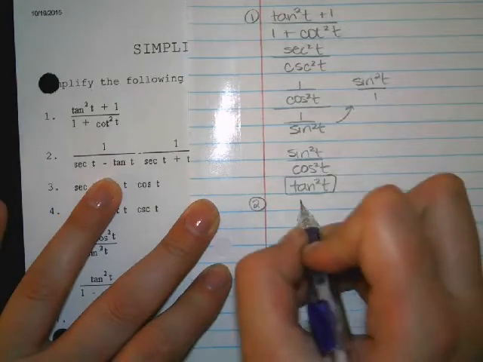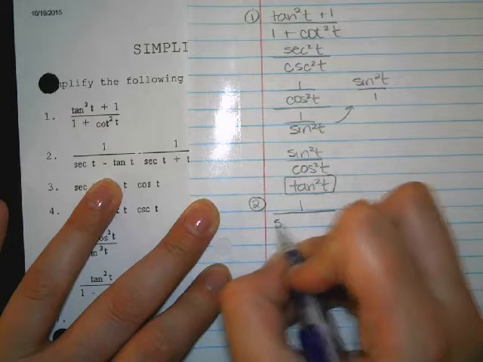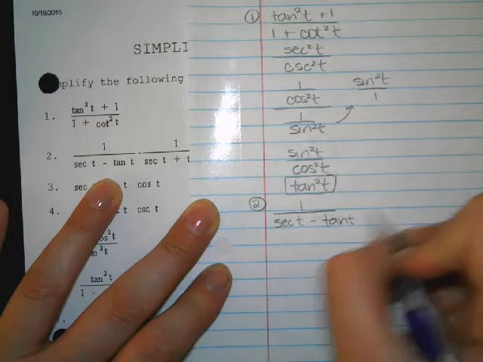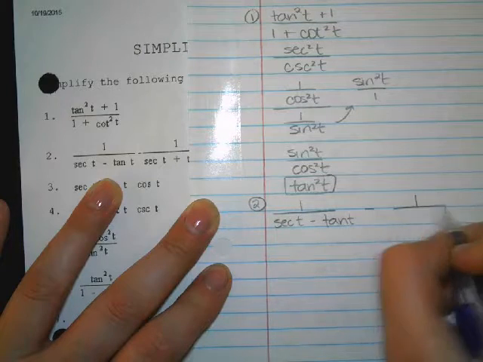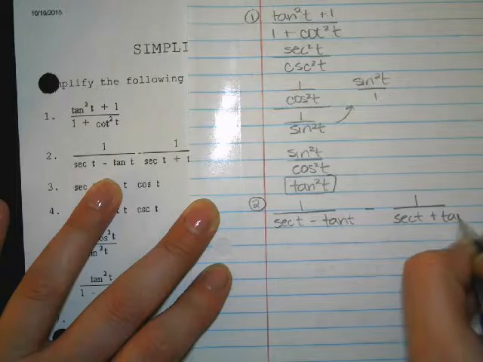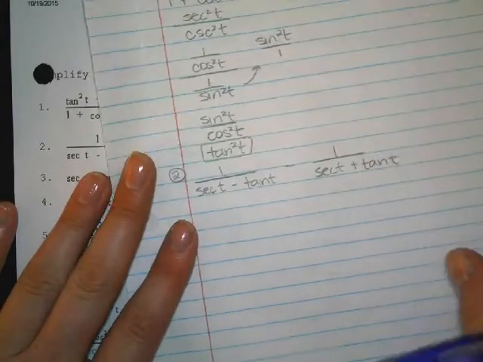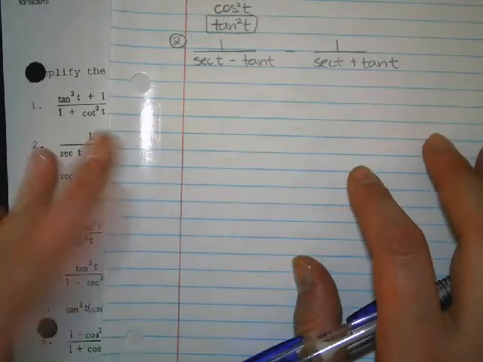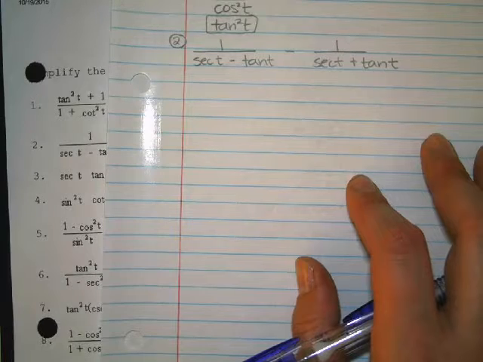All right, number 2, secant t minus tan t. We've got 2 different fractions. They are being subtracted.